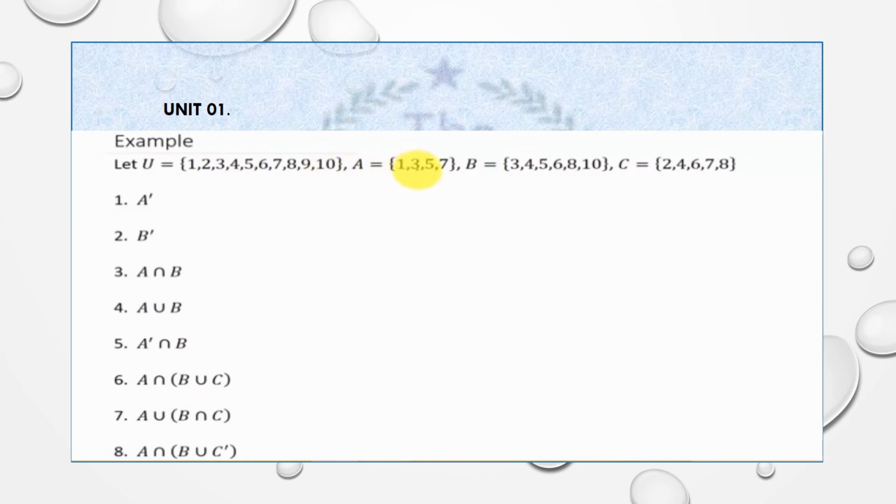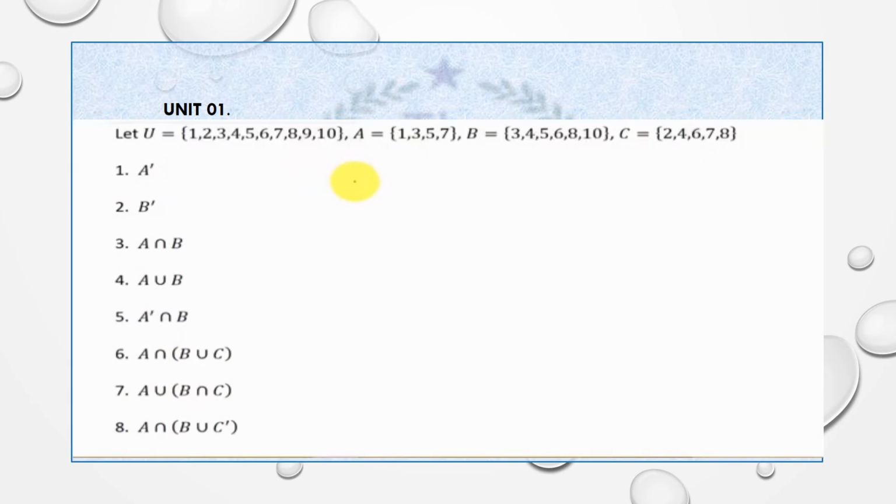Here's set A: 1, 3, 5, 7, then set B, and set C. Remember, the complement of A is all of the elements that are not in set A but are in the universal set. You see how set A contains the numbers 1, 3, 5, and 7. Those are the elements. Go ahead and write it down.